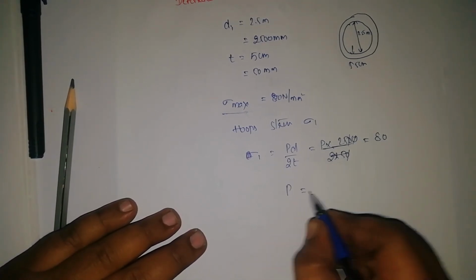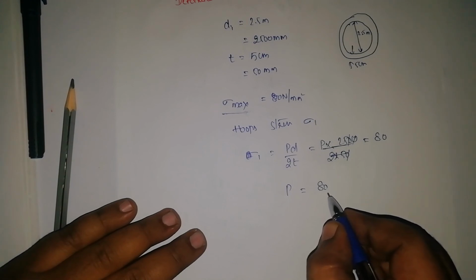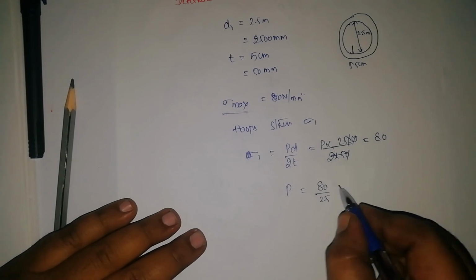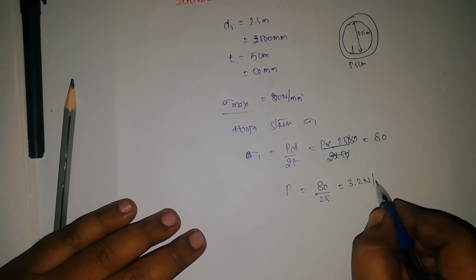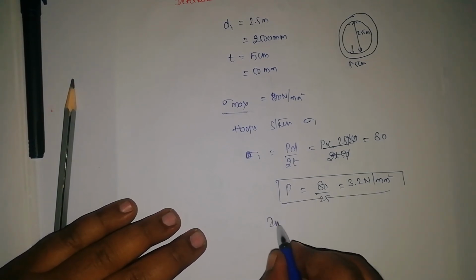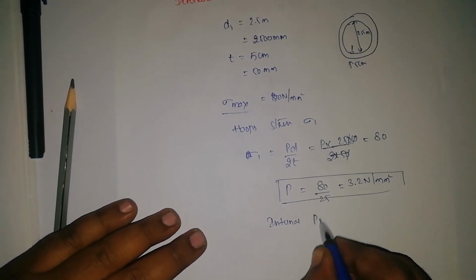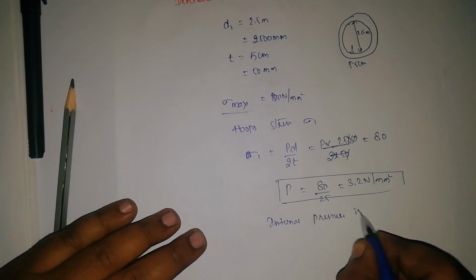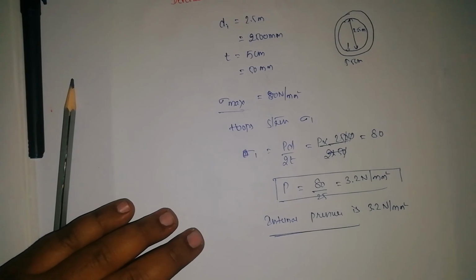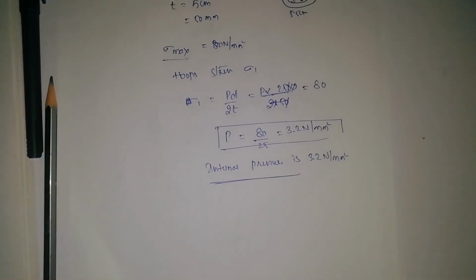So, P is equal to 80 divided by 25. This will become 3.2 Newton per mm square. So, the internal pressure is 3.2 Newton per mm square. In this way, we will try to solve.